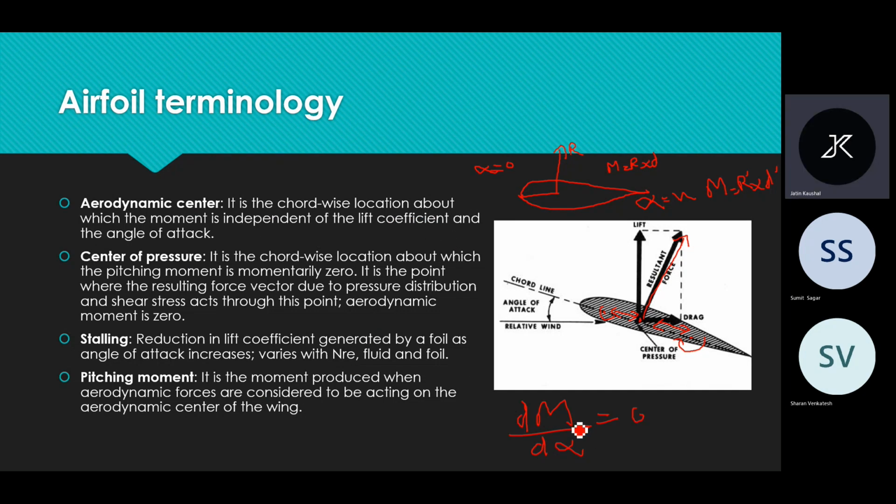If we non-dimensionalize this term, dM by d alpha can also be written as dCm by dCl, where Cm is the pitching moment coefficient and Cl is the lift coefficient. So they are independent. That's how we define the aerodynamic center.